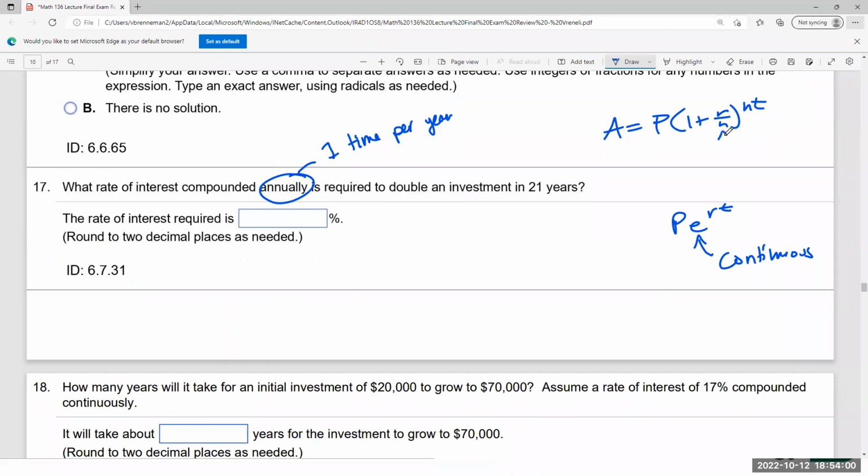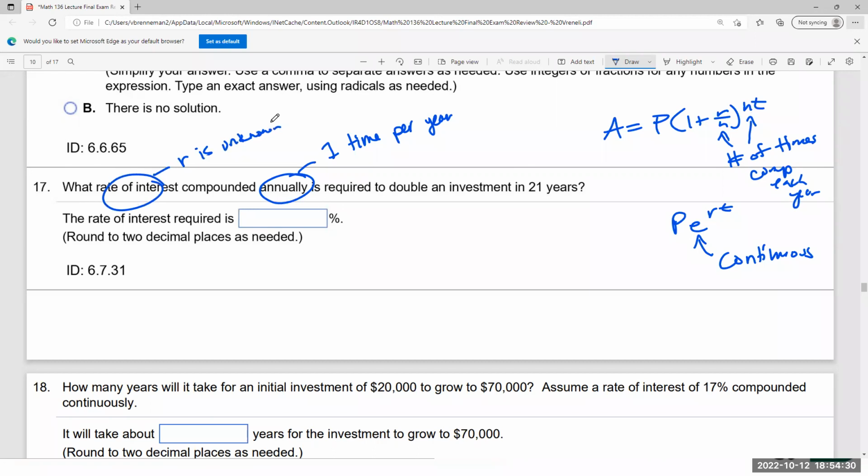But here you need to know n is the number of times compounded each year. And in both cases, r is the annual interest rate in decimal form, t is the number of years. But here we're looking for the rate of interest, so we're solving for r.